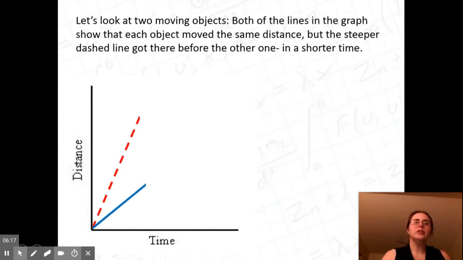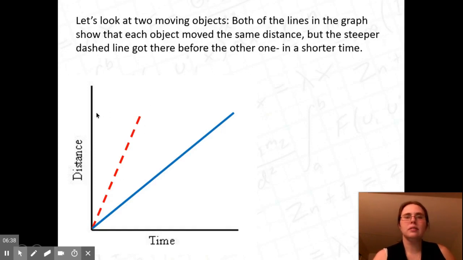So here are two objects that are moving at the same time. But if you look at their slope, the one with the dashed red line, that one is moving at a faster speed because it got there in a faster amount of time. It moved the same distance. So this should be the same distance across.